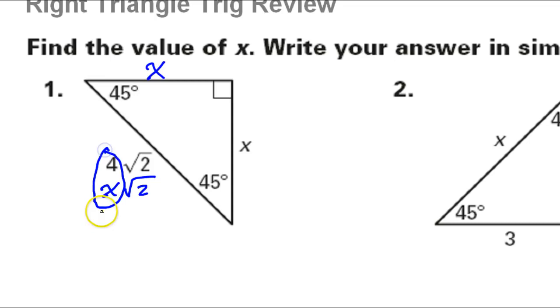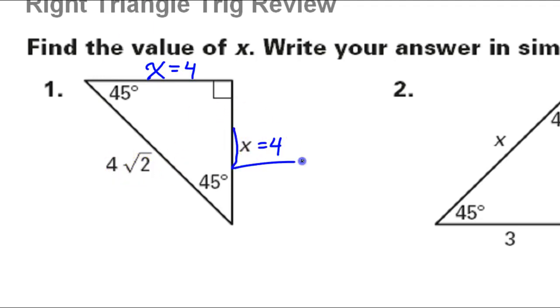X must equal 4. So it only makes sense. So if x is 4, then of course that means both sides will be 4. And of course we will have 4, 4, and then the hypotenuse would be 4 radical 2, which it is. So it makes sense that the leg must be the 4.